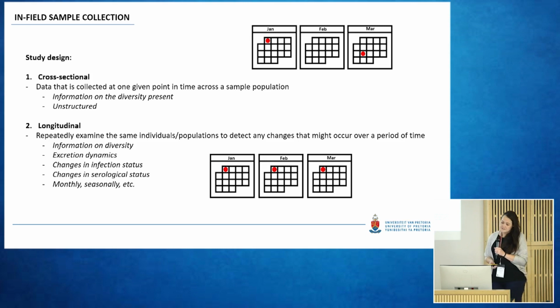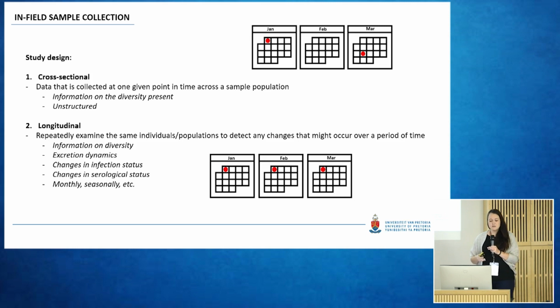Then longitudinal studies, which is more repeated examination of specific individuals or populations, where you can detect changes that might occur over a period of time. So as you saw in the previous talk, with mark recapture methods, we are able to look at specific individuals that we sample multiple times depending on when we actually recatch them.